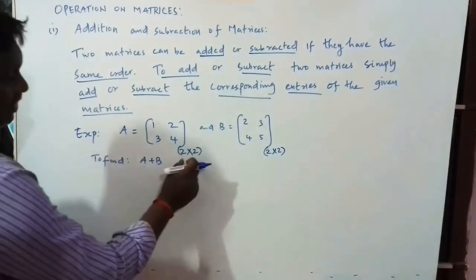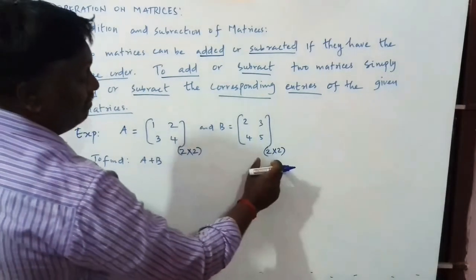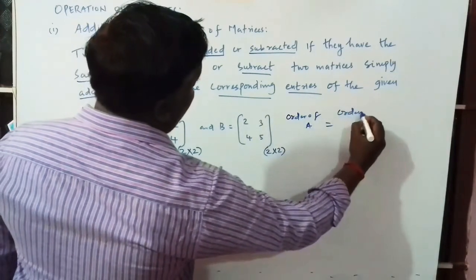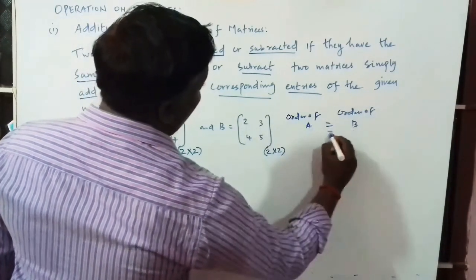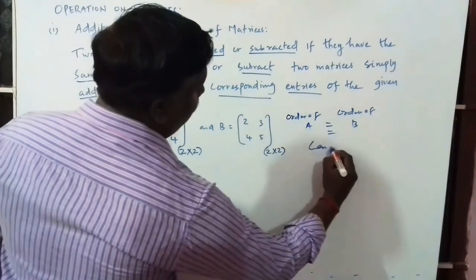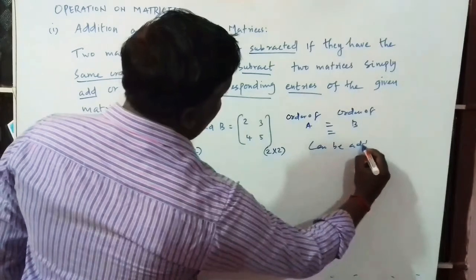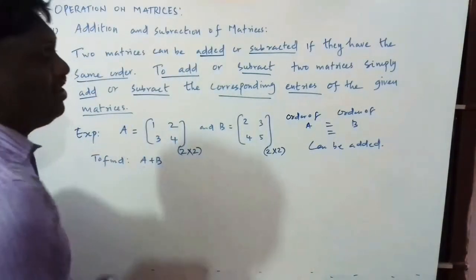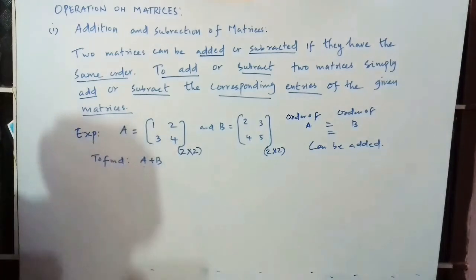If the order of A equals the order of B, both are equal, so they can be added. In case the order of A and order of B is not equal, they cannot be added.